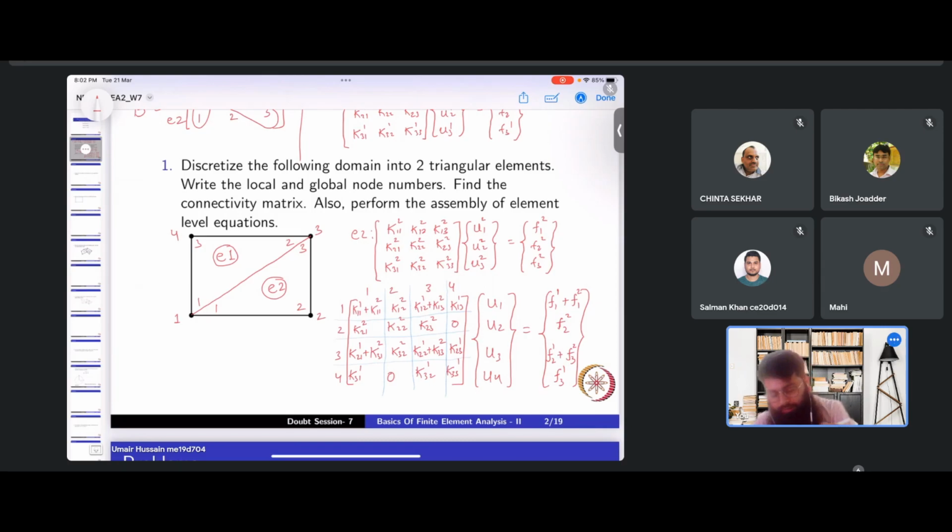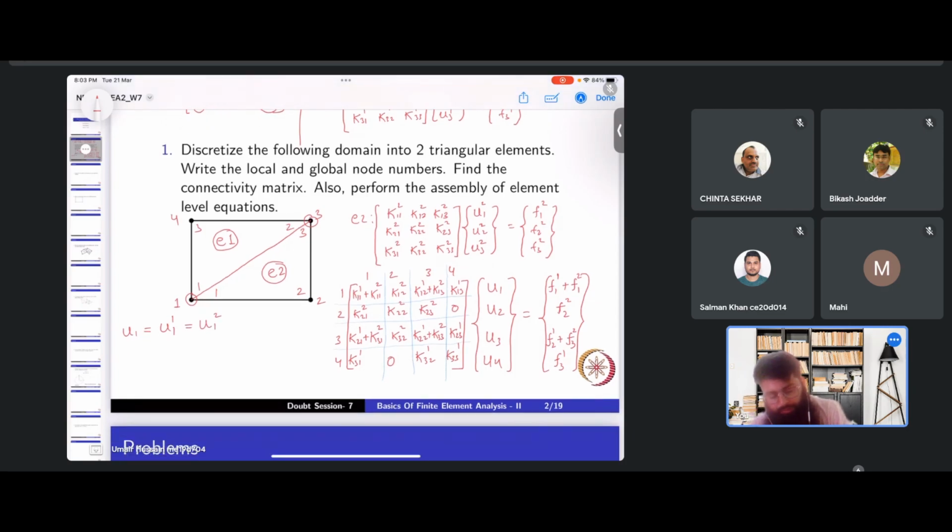One more thing that we did discuss here is the continuity condition that we always follow. The two common nodes here are nodes 1 and 3. So the displacement at node 1 is equal to the displacement of local node 1 of element 1, and this is also equal to the displacement of local node 1 of element 2.